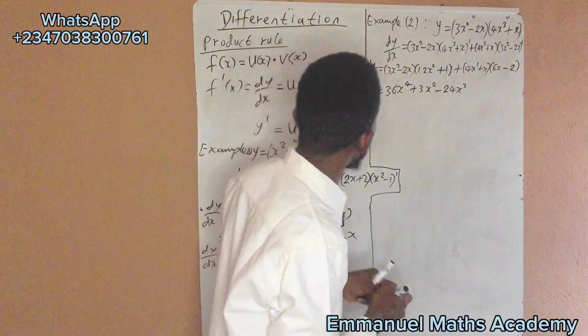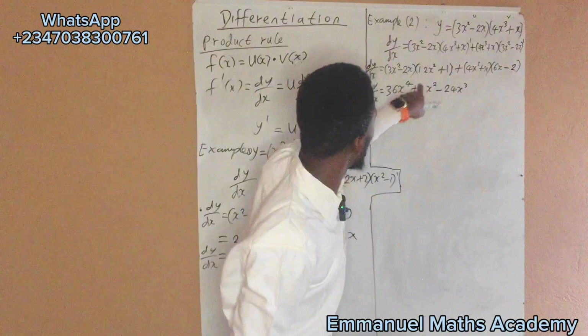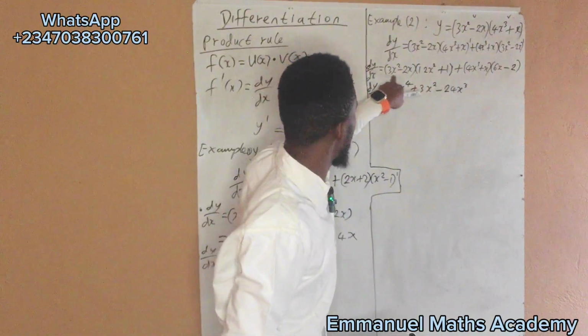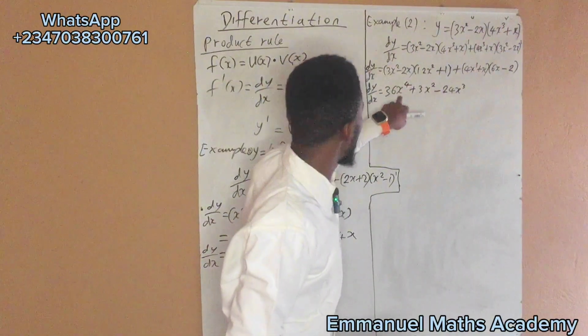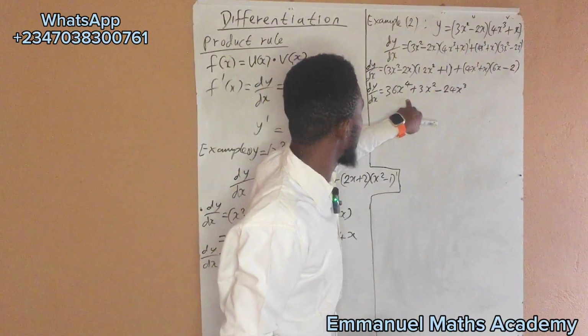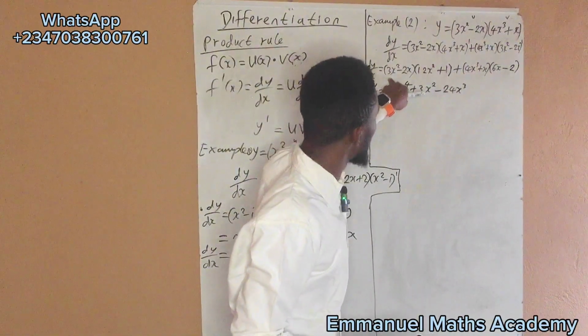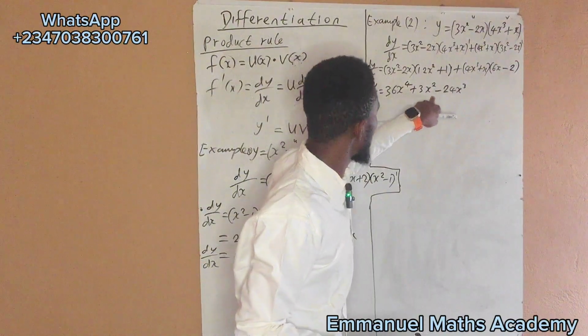Because if 3 should multiply 12, you get 36. Right? Then x power 2 multiply x power 2, you get x power 4. Is that correct? Then you use 3x power 2 to multiply 1, you have 3x power 2.